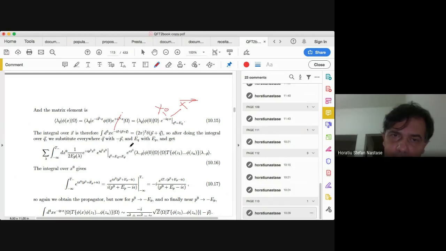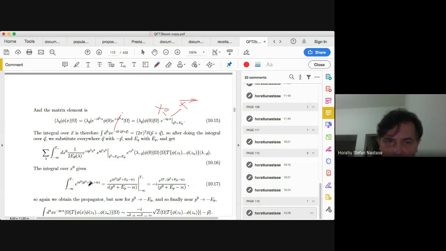So I replace q with minus p everywhere, and eq with ep again. So the x0 factors are e to the i p0 x0, and then e to the i q0 x0, and the regularizing factor.